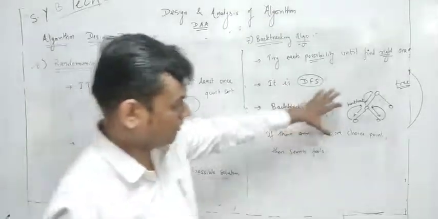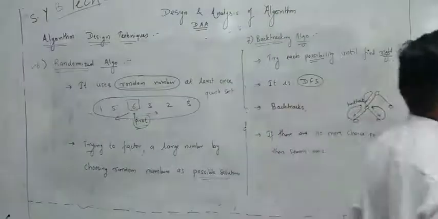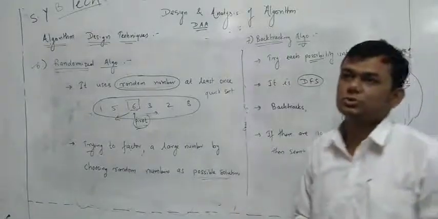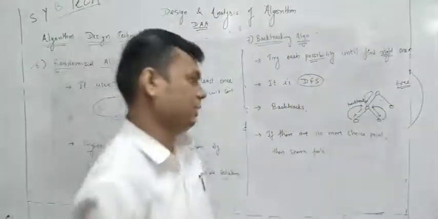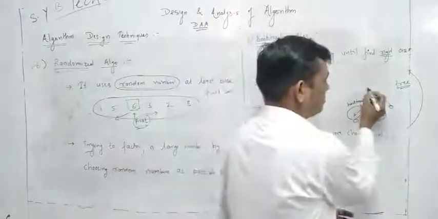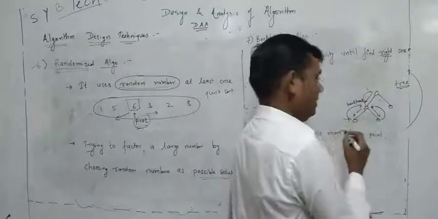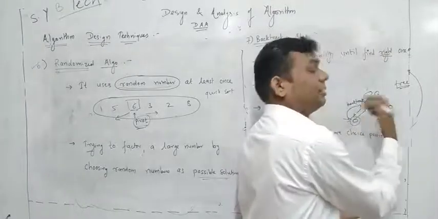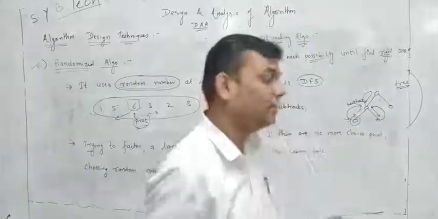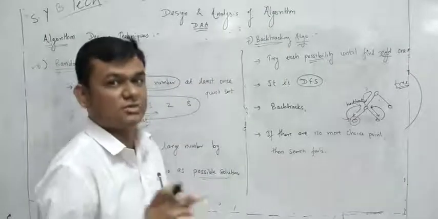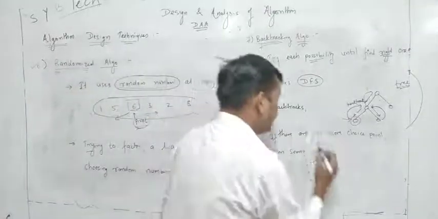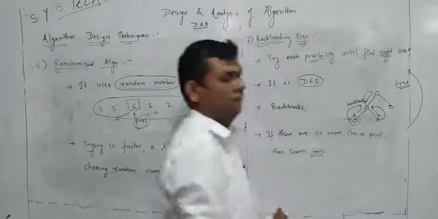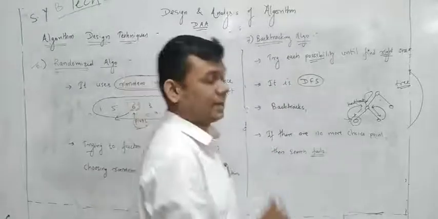By using the backtracking method, we find lots of possible solutions, and from those we choose the best one. For that purpose we make a number of choice points, and if after the last choice point we do not find the specific element, then the backtracking method fails. That is called the backtracking algorithm.